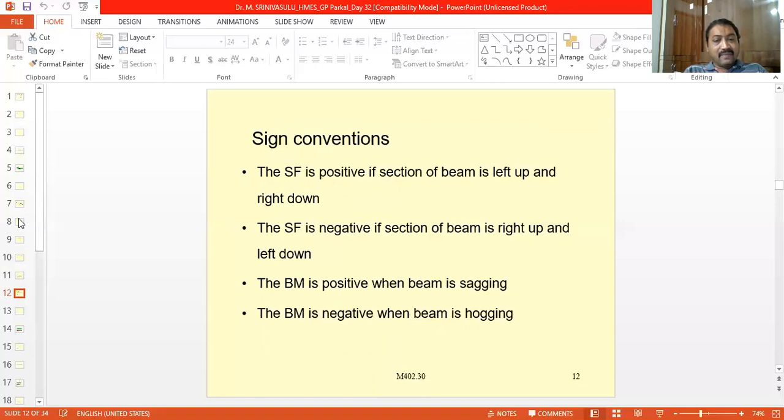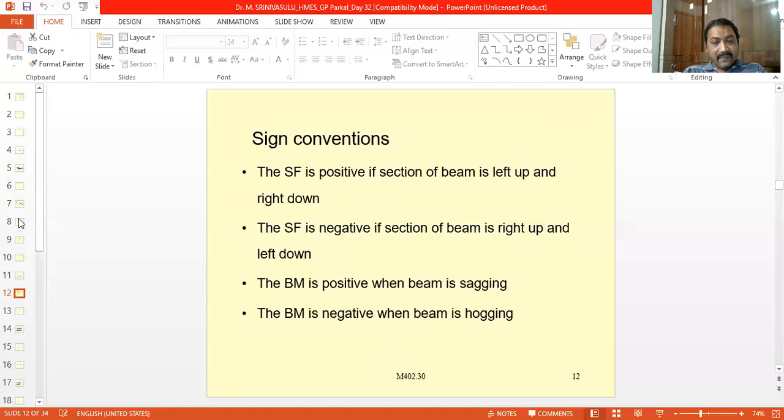That is, if the shear force is acting upwards to the right of the section, or downwards to the left of the section, it is taken to be negative. Next, the bending moment is positive when the beam is sagging.